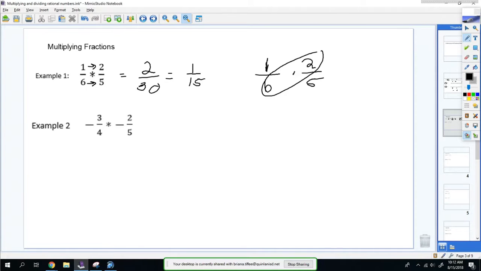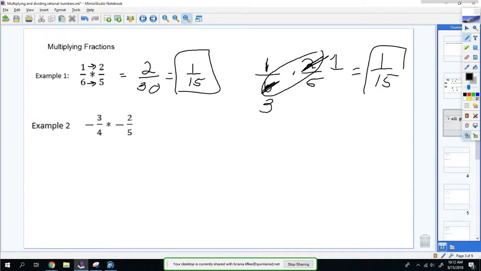So I reduce it by 2. I take a 2 out of here, and I make that a 1. And I'll take a 2 out of the 6 and make that a 3. So 1 times 1 is 1. 3 times 5 is 15, which is the exact same answer. So it doesn't matter if you reduce before or after you multiply. I'm just going to tell you right now, though, reducing before you multiply will just make your numbers easier.